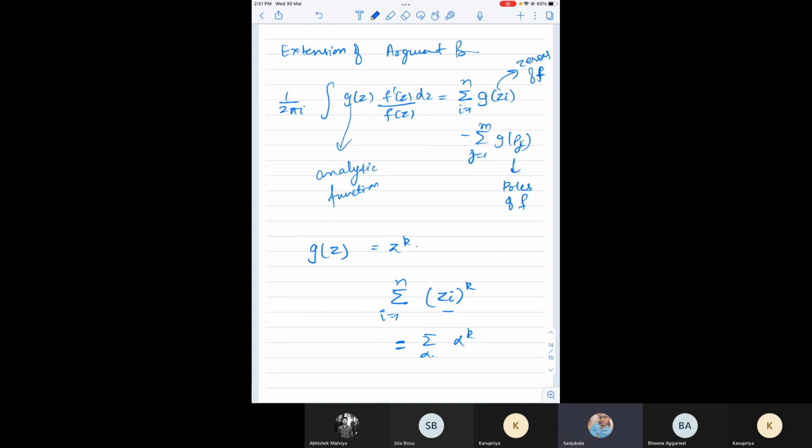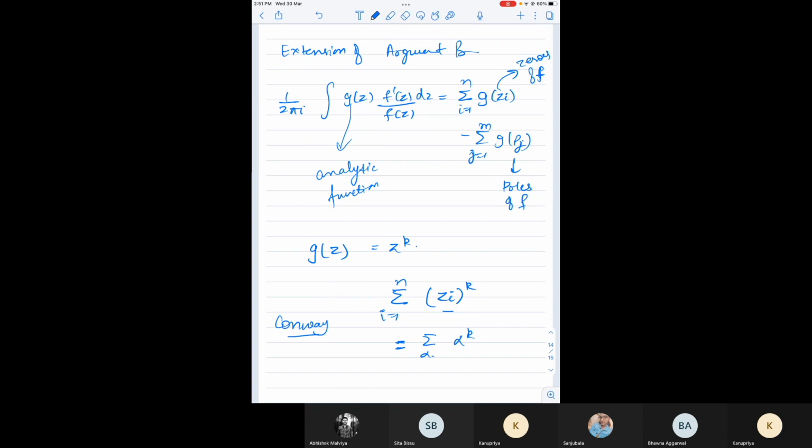Yes. We are directly using the extension of argument principle. Proof of this theorem, you can find it in Conway. Is it fine?